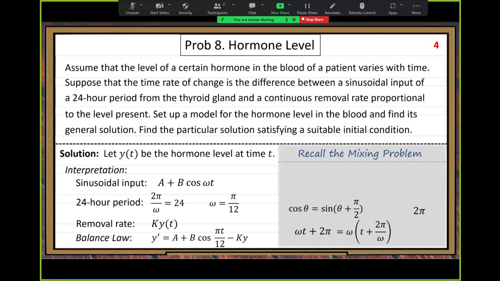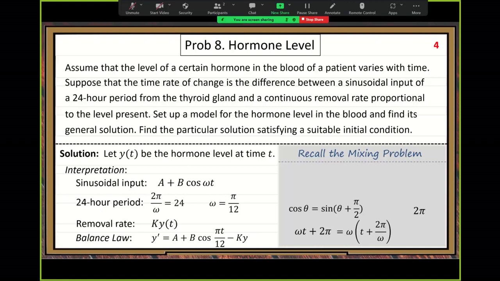That's convenient when you do the initial condition: at t equals 0, the cosine value is 1. That's why many people use cosine for sinusoidal functions, for convenience, but the shape is the same. A and B are two constants to be determined. So that's the first term in that difference.